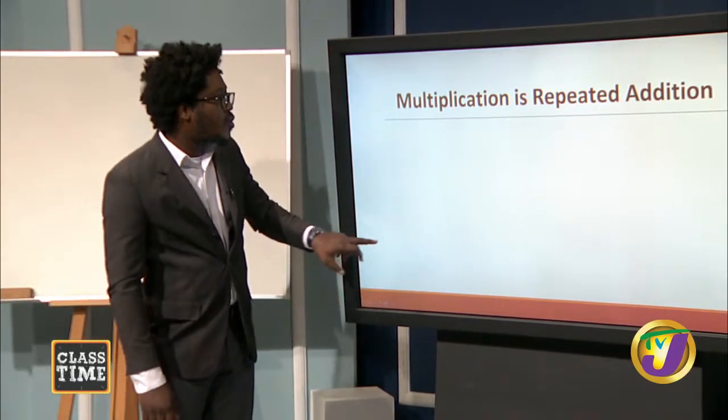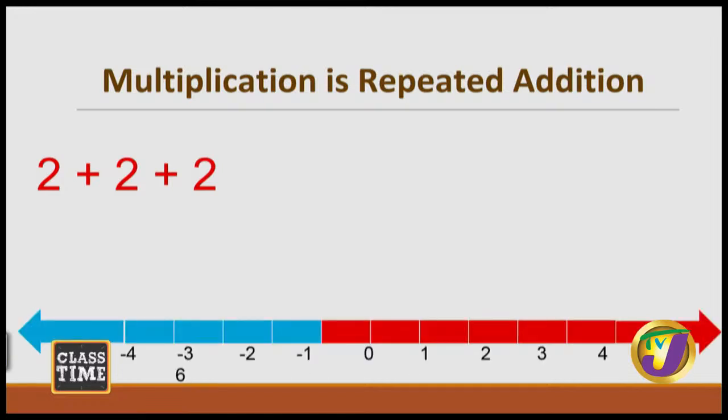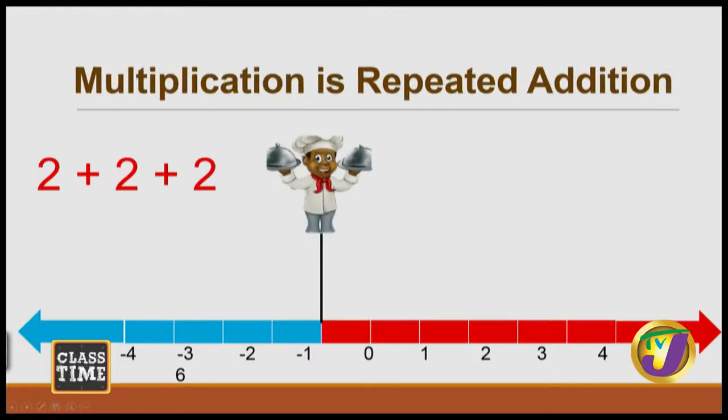Okay. So let us say that we had this expression here on screen. It is 2 plus 2 plus 2. Now, let's get out our number line. Because we now know how to add along the number line, we begin at 0.